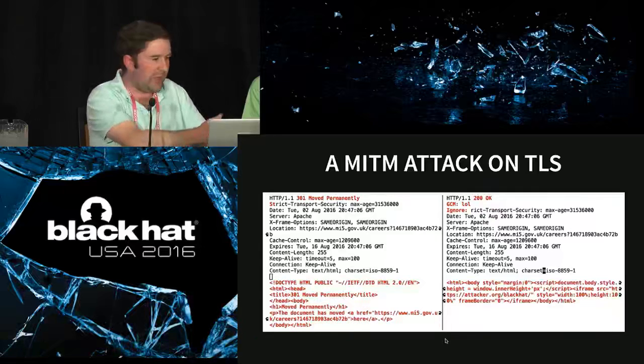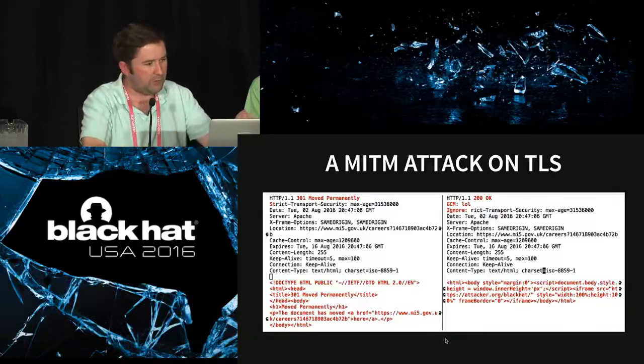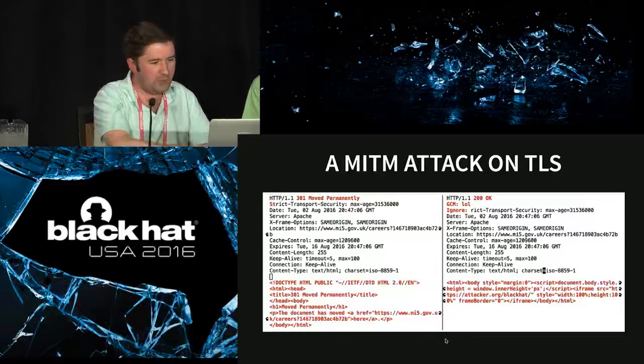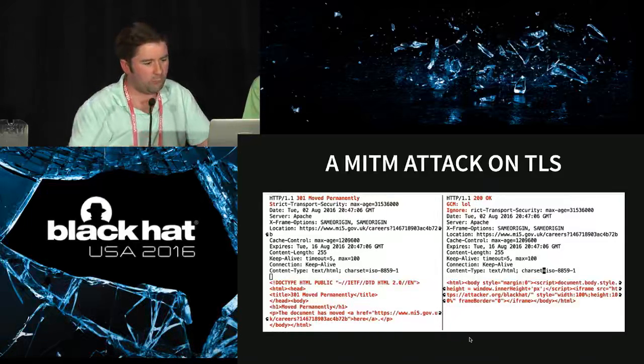In theory, we could replace that entire message, but there are some parts that are variable. So there's the date and the expires timestamp. It'd be a little bit tough to be certain that we're replacing those correctly.